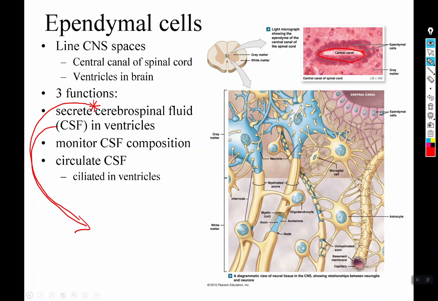And so to say that the ependymal cells secrete it all by themselves is kind of not true. All of the blood filtrates in your body, including your cerebrospinal fluid, ultimately come out of pressurized capillaries.